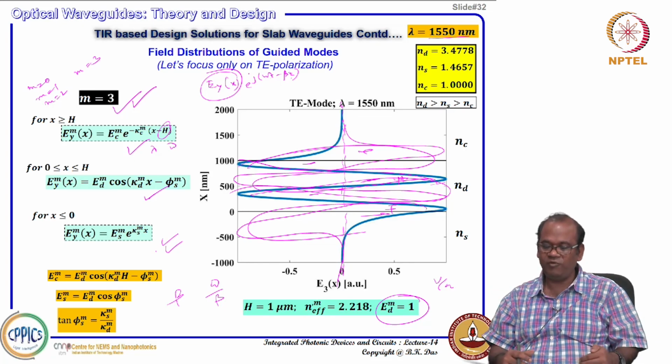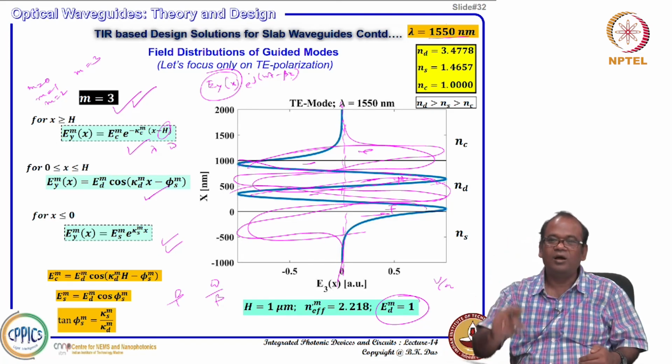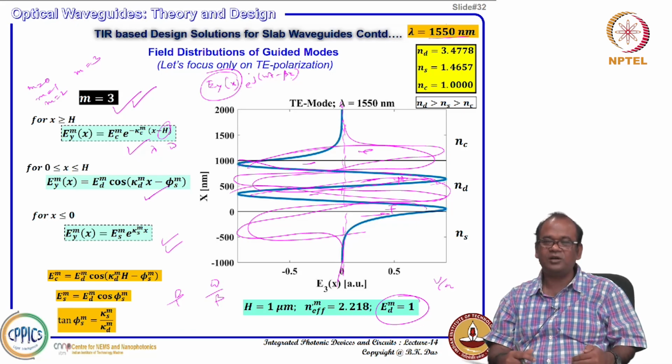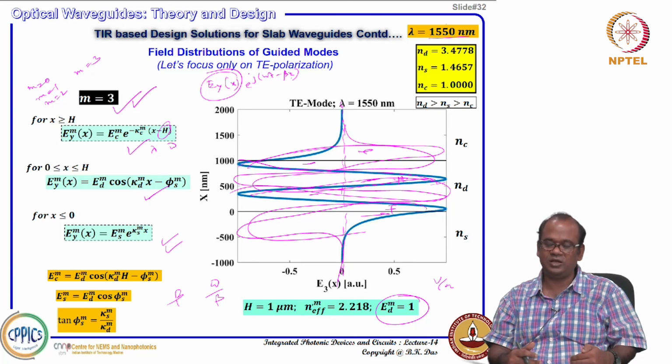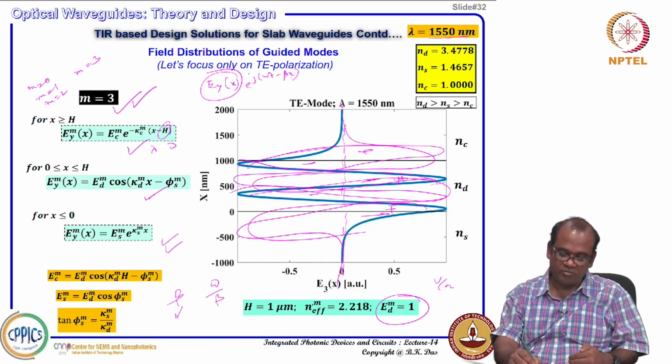So, now we will be discussing next, okay, all the information known, what about the modal dispersion. If the effective index is calculated for lambda at 1550 nanometer, will the same effective index be there for other wavelengths or not? That I will be discussing, the dispersion basically. I will be trying to find out whether this beta value is a function of omega or not.